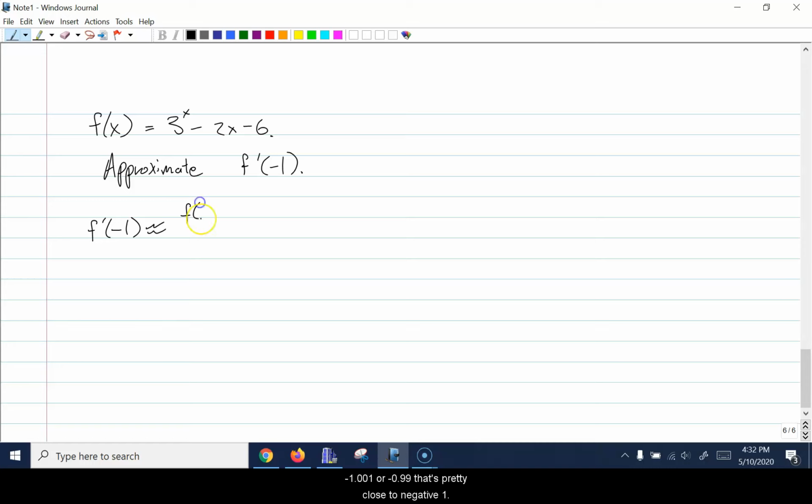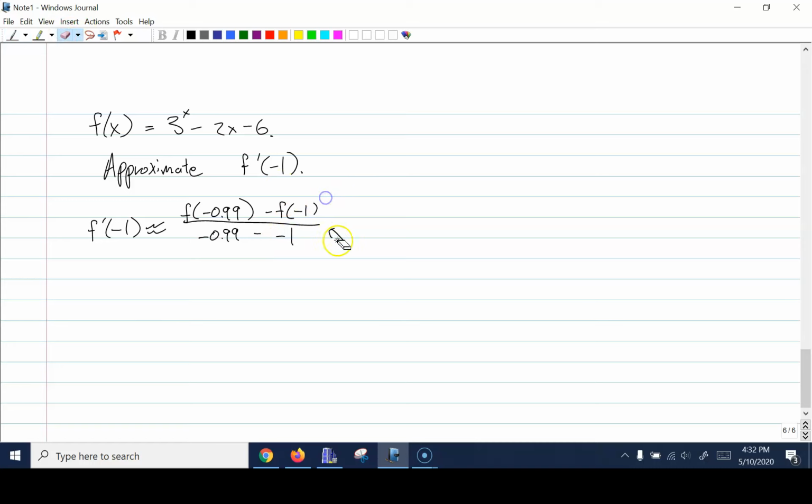So I will pick -1.001 or -0.99, that's pretty close to -1. And then I set up the same difference quotient. Difference of the y values over difference of the x values.